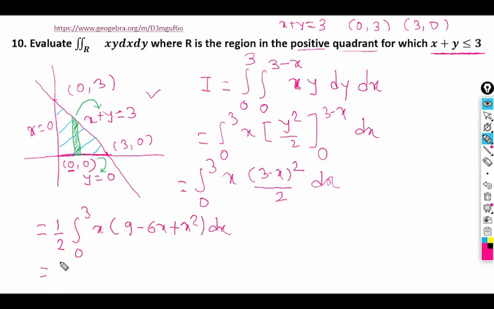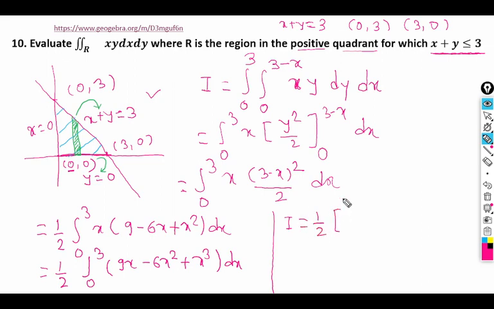So here the 1 by 2 is again as it is. I will simplify first. Integral 0 to 3, 9x minus 6x square plus x cube dx. Next step I will write on this side. So the integral I becomes 1 by 2 as it is, and now I'm going to integrate this with respect to x.